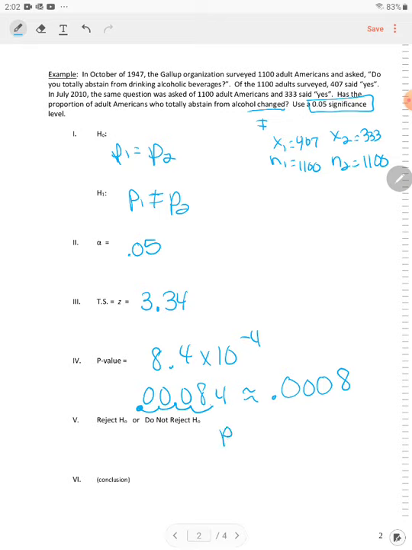So how does p compare to alpha? If it's less than, you reject. So we're asking ourselves, is 0.0008 less than 0.05? Yes, so we are going to reject H0.